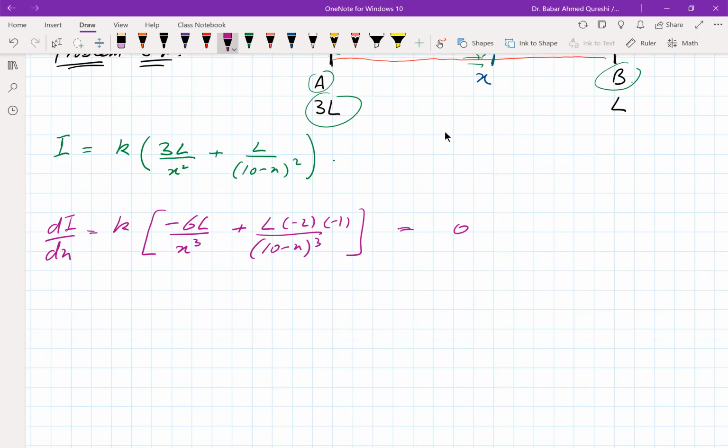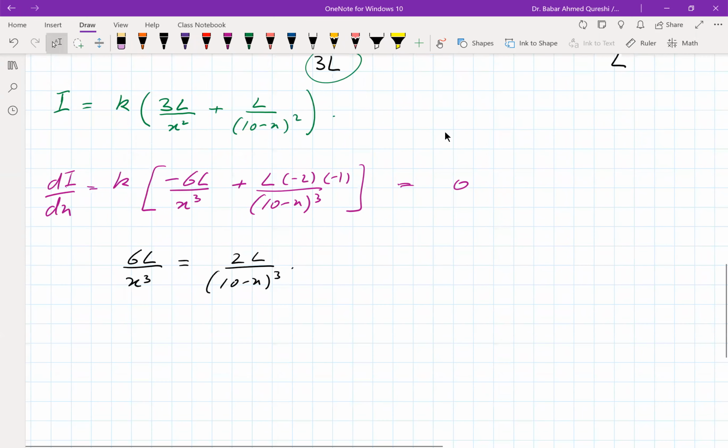And this you're going to put equal to 0. So as I said, that constant doesn't matter, and for the extrema to occur, 6L over x cube is equal to 2L over (10 minus x) cube. L, as it was an arbitrary unit, we should have expected that it will drop out, and it does.